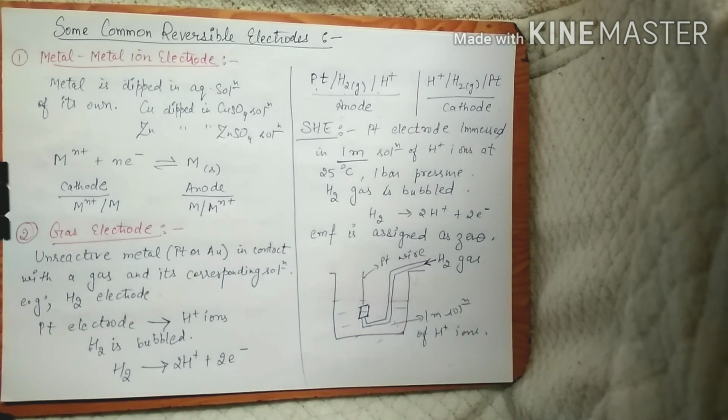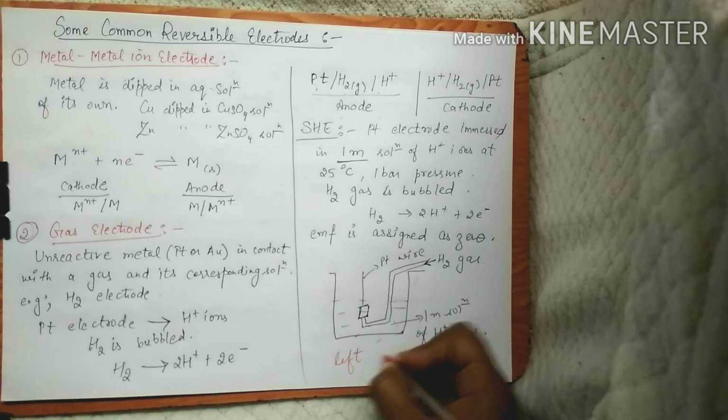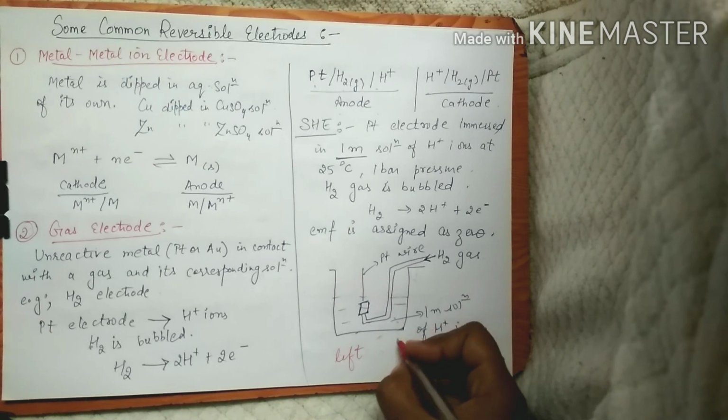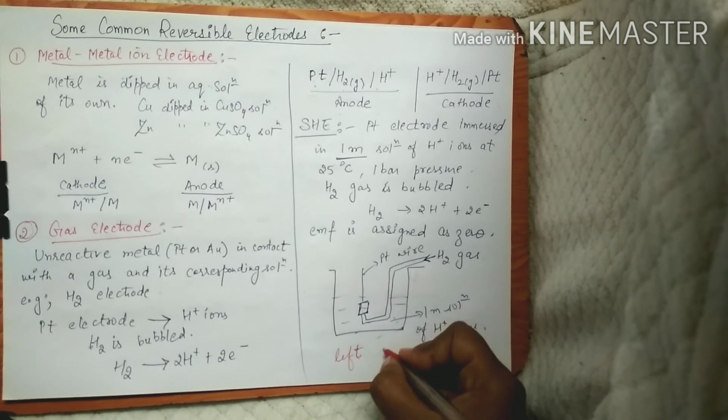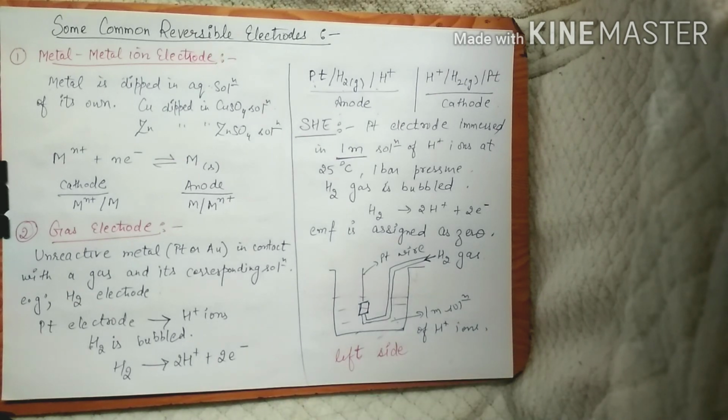This is your standard hydrogen electrode. By convention, we always take the standard hydrogen electrode on the left side of the electrochemical cell. We are going to study electrochemical cells in depth, but for now you should remember that it is always taken on the left side, giving you the standard electrode potential, or standard reduction potential.